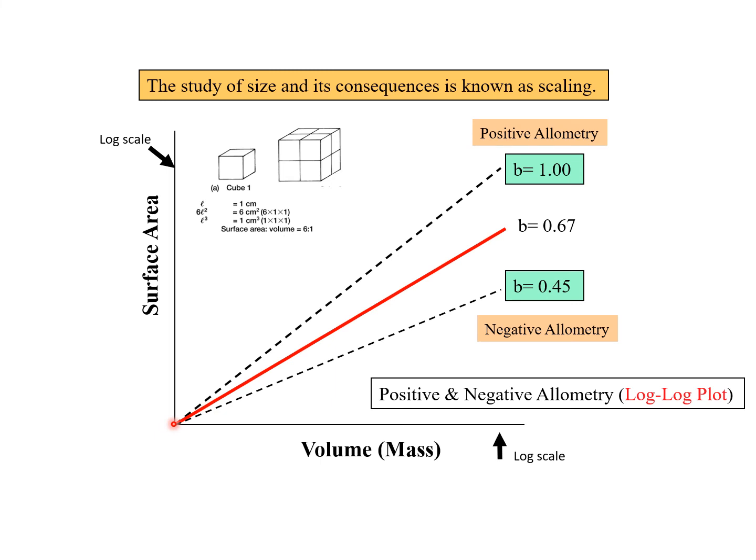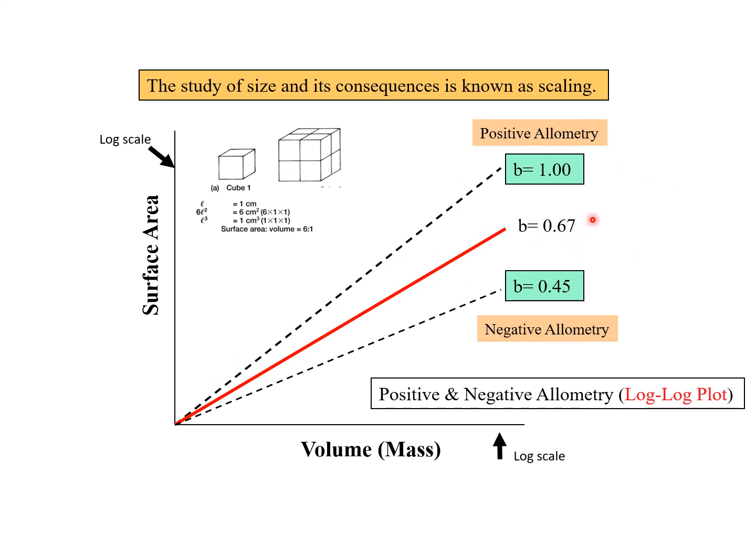So let's say you're looking at amphibians, and the surface area to volume ratio is exactly as you would predict for a cube, never mind the offset, right? But the slope of the line, once you plot these data on a log scale, is 0.67.